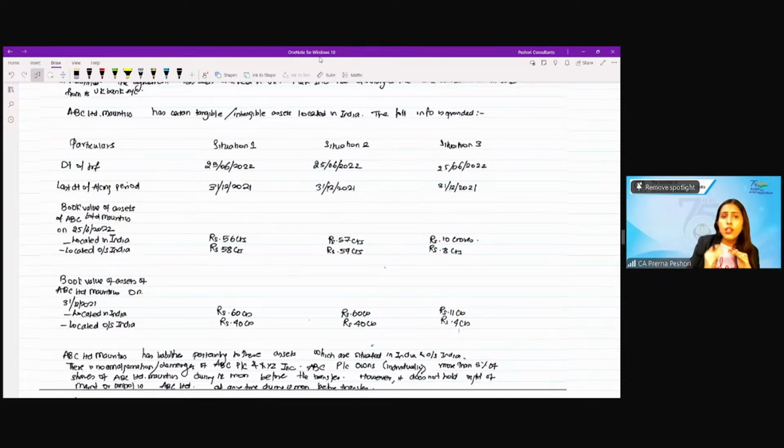Now, on which date will you consider the book value or the fair value for determining whether the shares of the Mauritius company derive the value substantially from the Indian assets? What is the specified date in situation one?